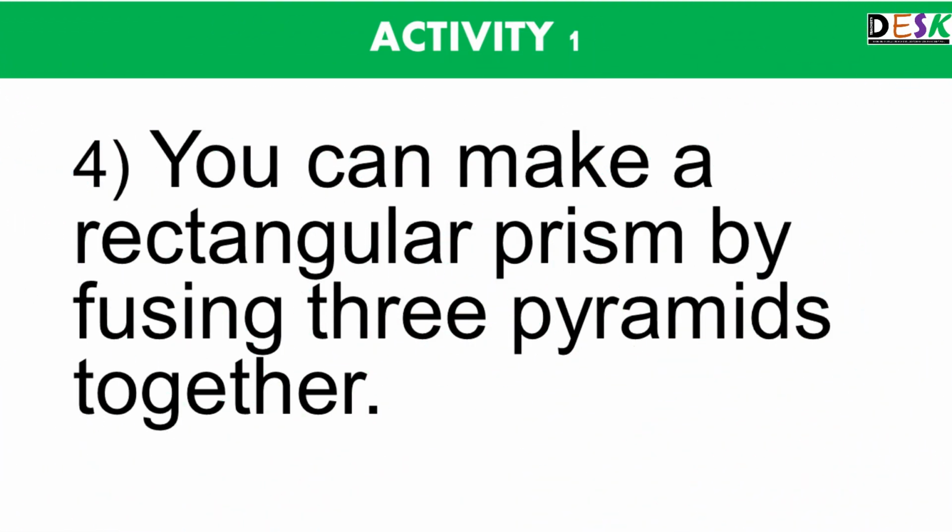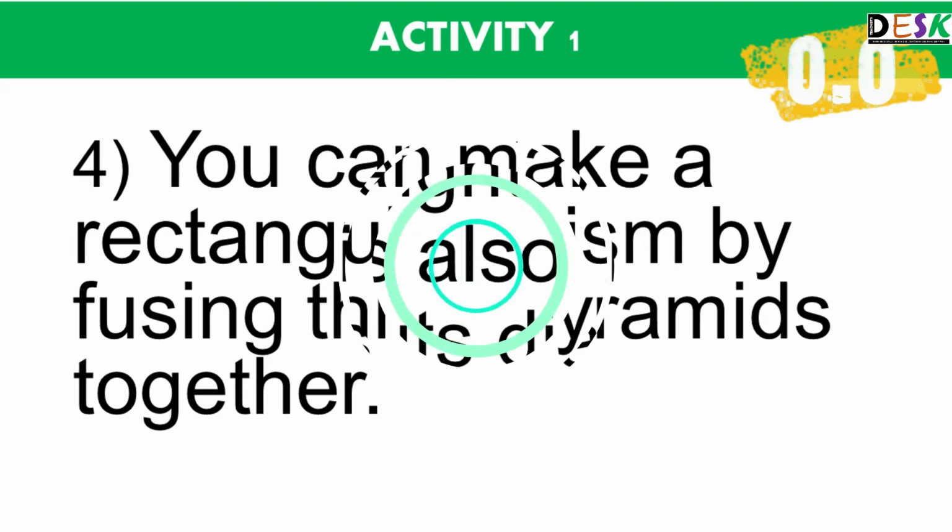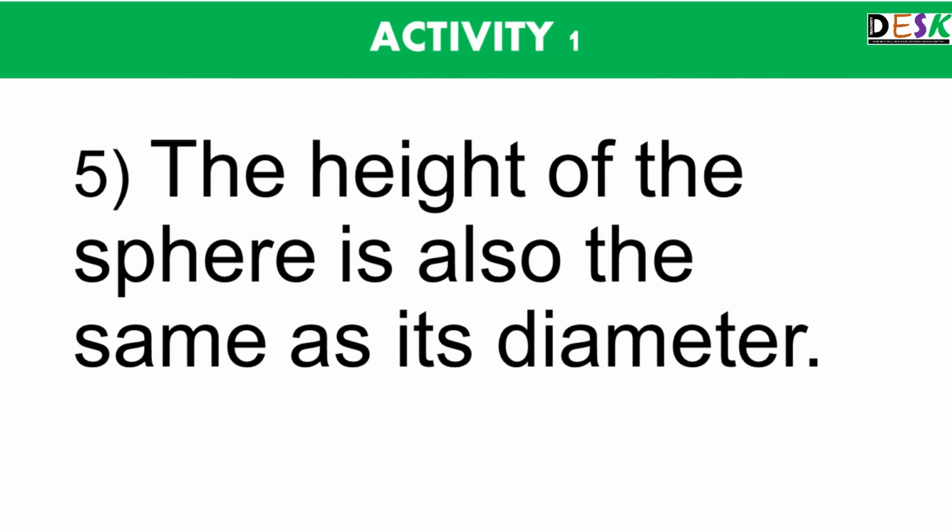Number 4. You can make a rectangular prism by fusing 3 pyramids together. Number 5. The height of the sphere is also the same as its diameter.